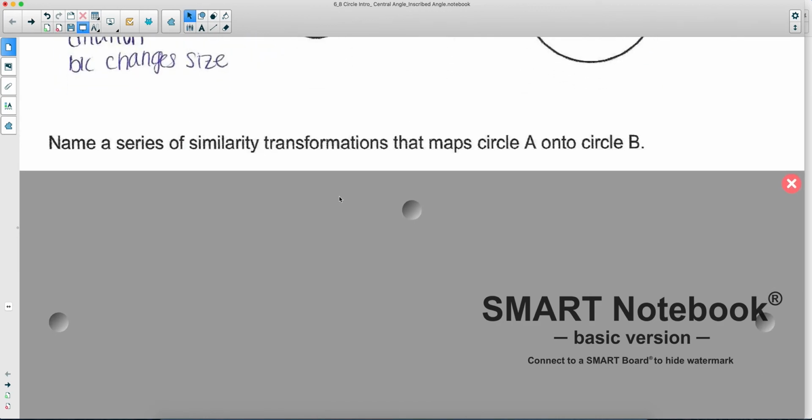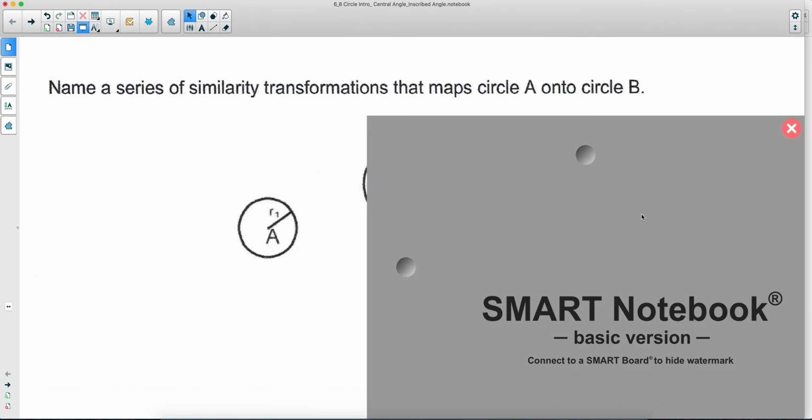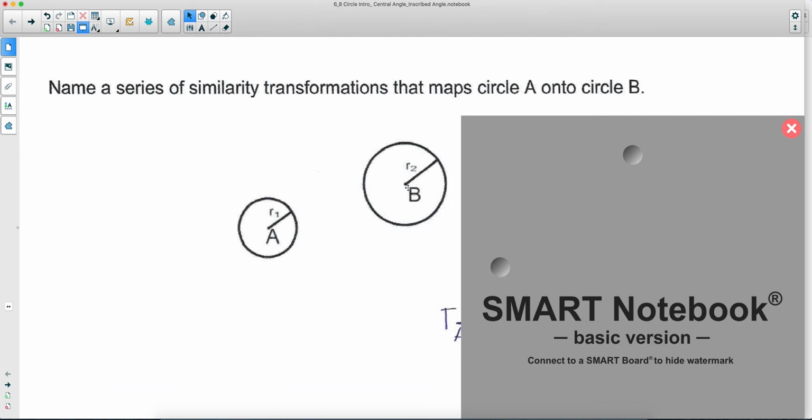It says, can you name a series of similarity transformations that map circle A onto circle B? Here's our pre-image, circle A, and circle B is where we end up, so that's our image. How would we get from A to B? Let me walk us through it.